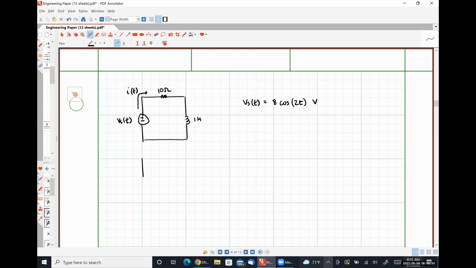So how do I convert 8 cosine 2t volts, my time domain voltage, into a frequency domain voltage? 8 angle 0, absolutely right. 8 angle 0 degrees volts. My current, I'm going to represent by a phasor current I. What's the impedance of my 10 ohm resistor? 10 ohms.